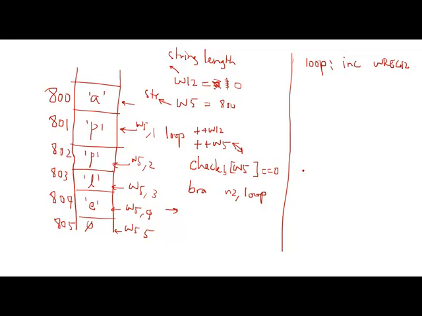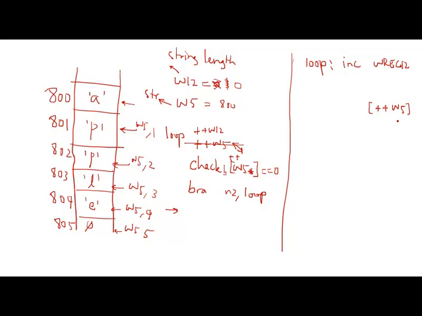What I can do is I can check to see if W5 plus plus, or in this case I want to do plus plus W5 to be 0. So my operand here is going to be plus plus W5.